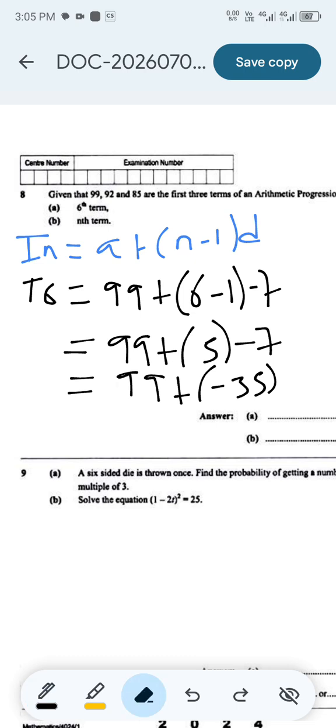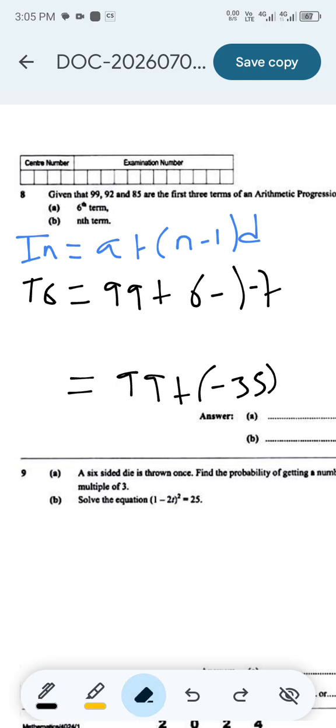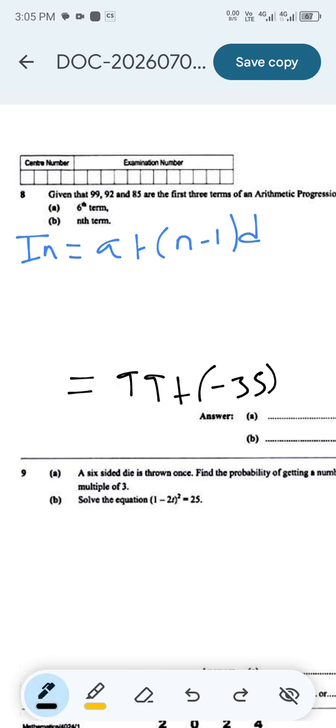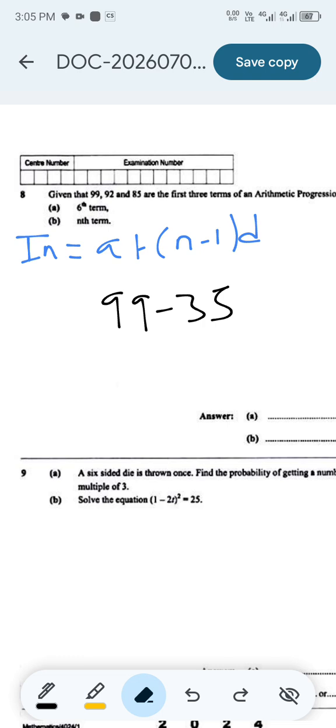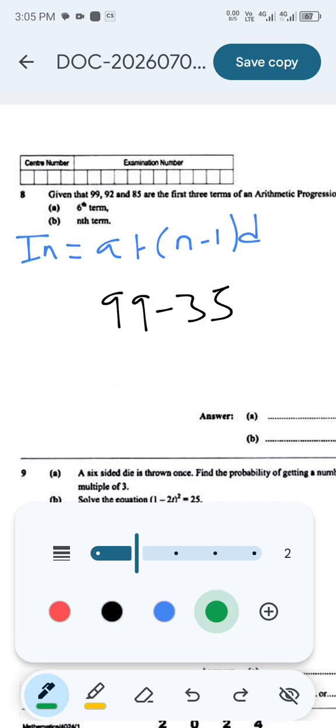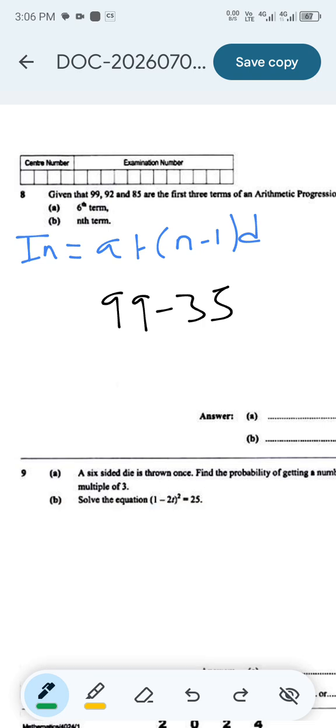So let me make some space for the calculation. Here it is 99, positive times negative, that is -35. So 99 minus 35: 9 minus 5, that's a 4, and then 9 minus 3, that's a 6. So 64 is our sixth term in this situation.